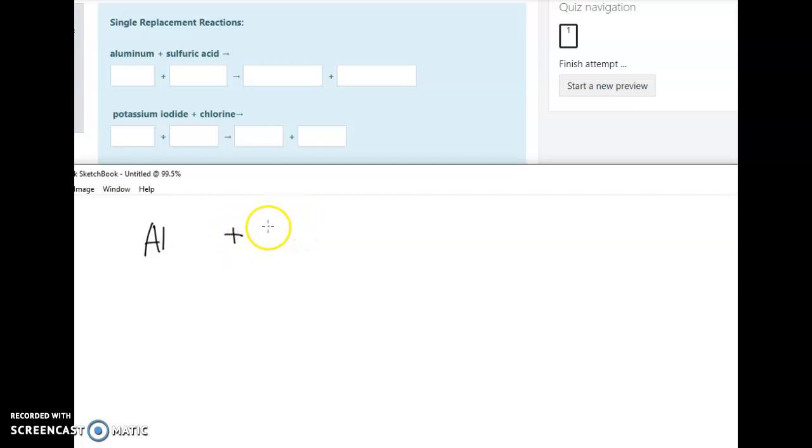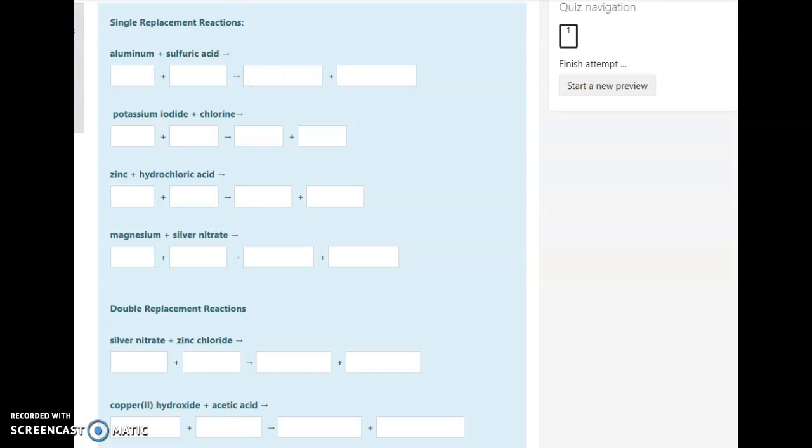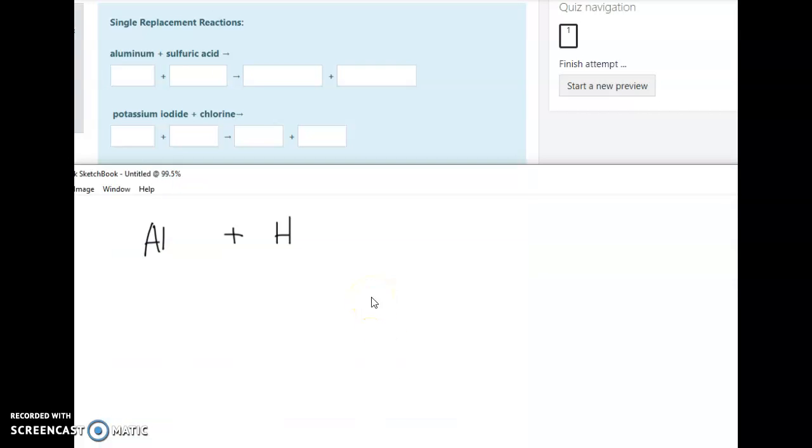Sulfuric acid, if you do not know this, you should go back and watch this video on word equations where I talk about acids and the type you're going to see. So make sure you do that before you attempt this, otherwise acid names will confuse you. So back to this. Sulfuric acid is H2SO4, also known as hydrogen sulfate.